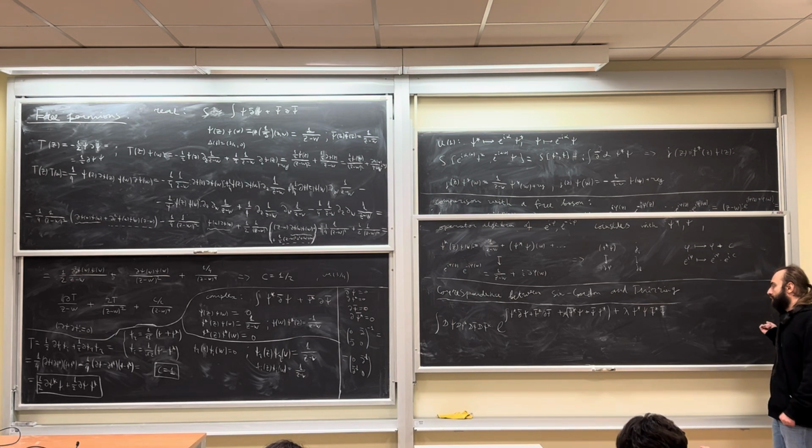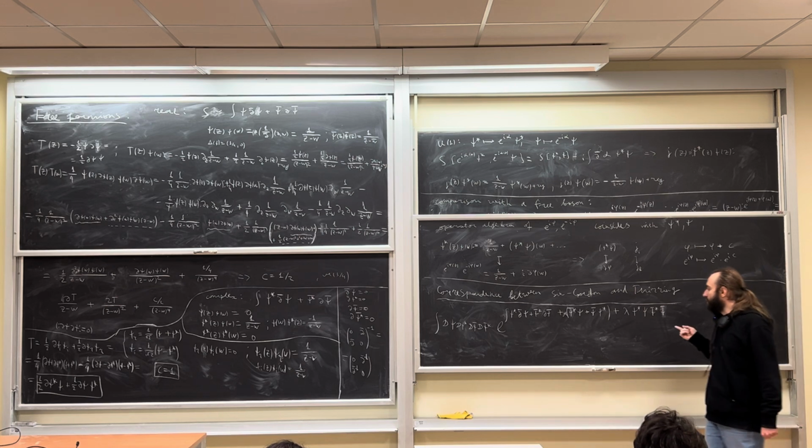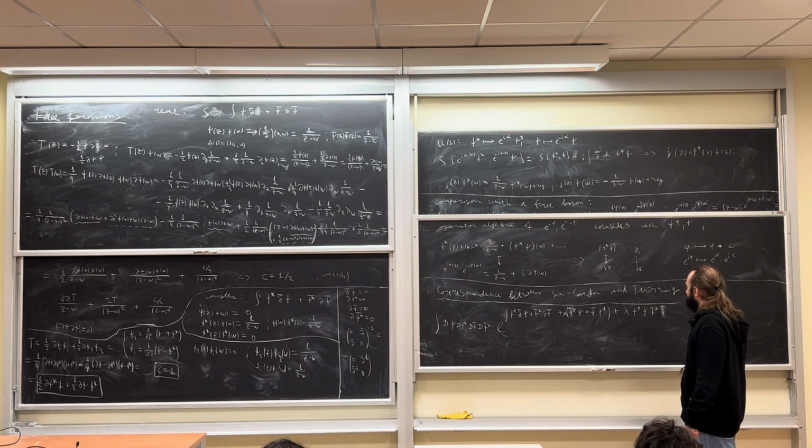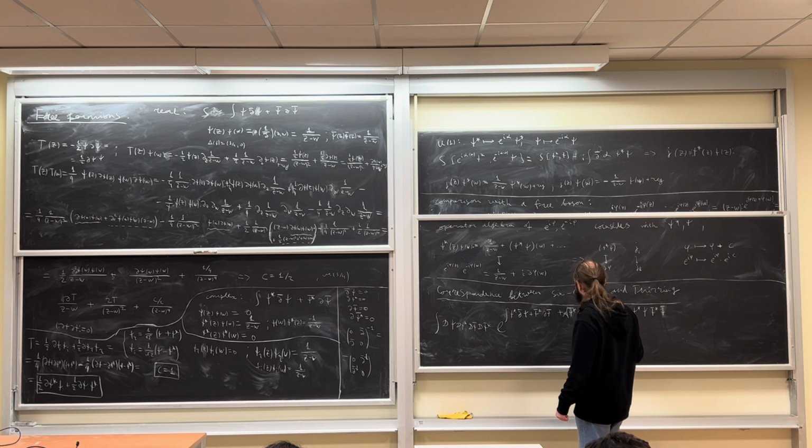So we can only write a fermionic interaction, and this is called the Thirring model.